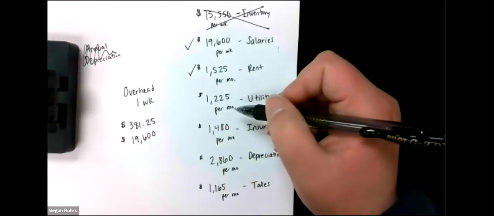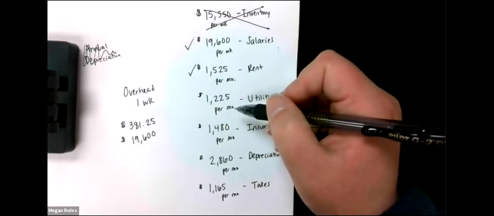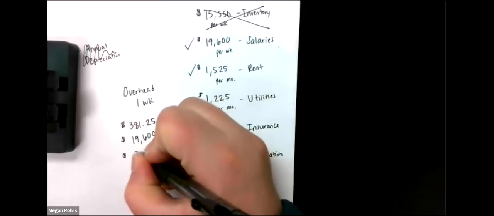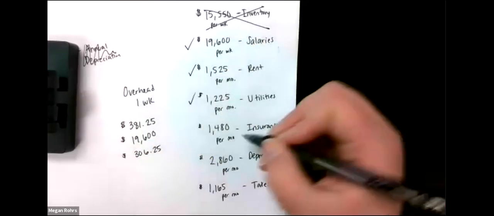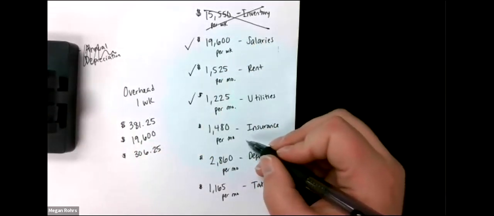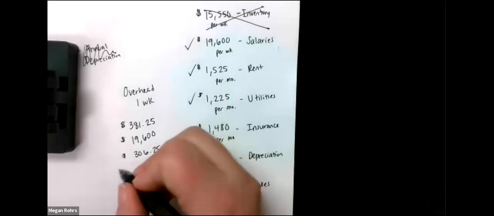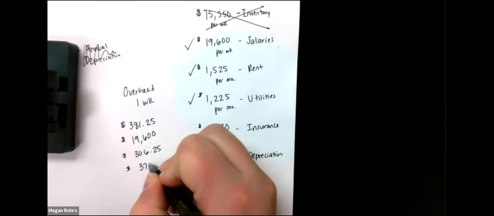And then I'm going to do the same thing here. So utilities, 1,225 divided by 4 gives me 306.25. Insurance, 1,480 divided by 4 gives me 370.